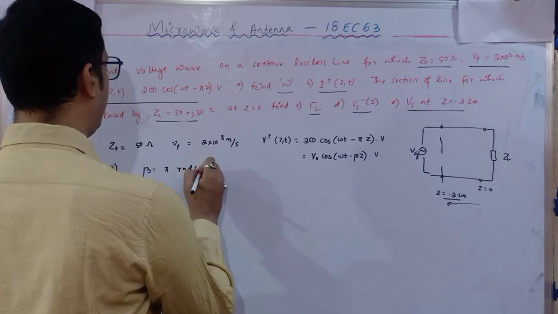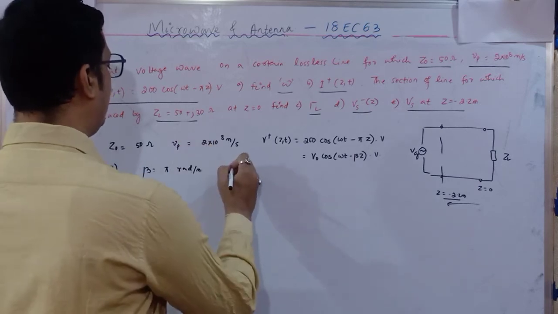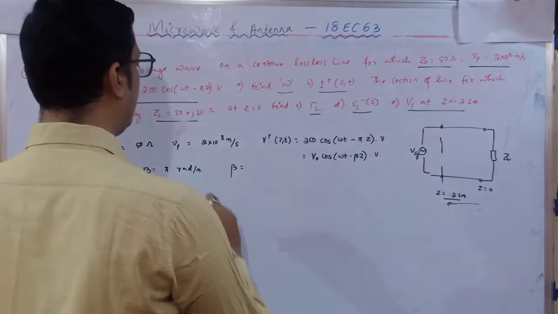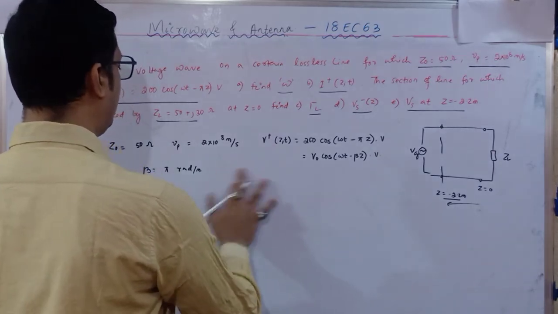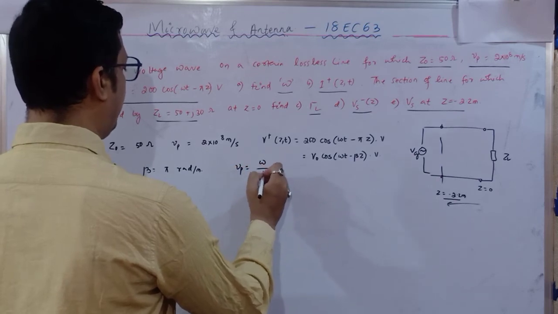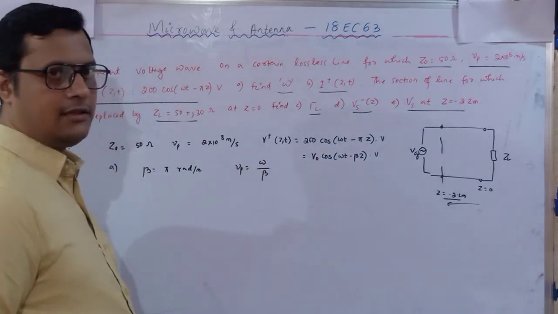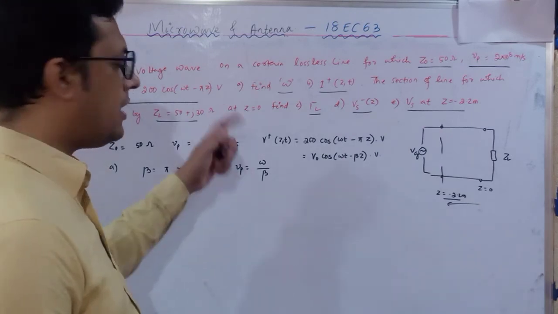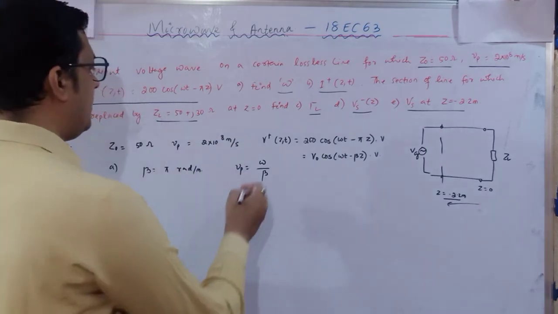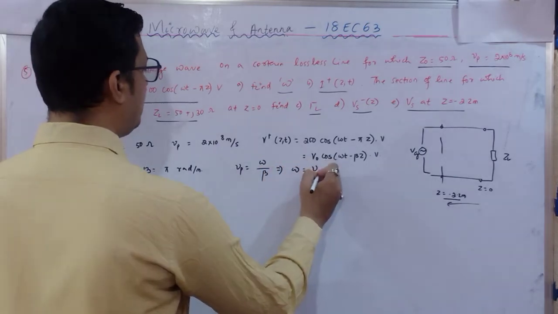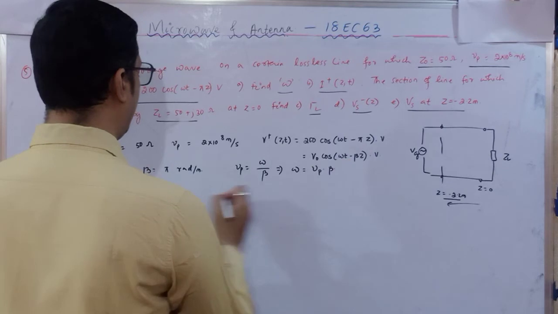Now we know that phase velocity is equal to omega by beta. This is my relation because beta is equal to omega root over LC, and omega will be cancelled out. So here we have to determine omega: phase velocity into beta.